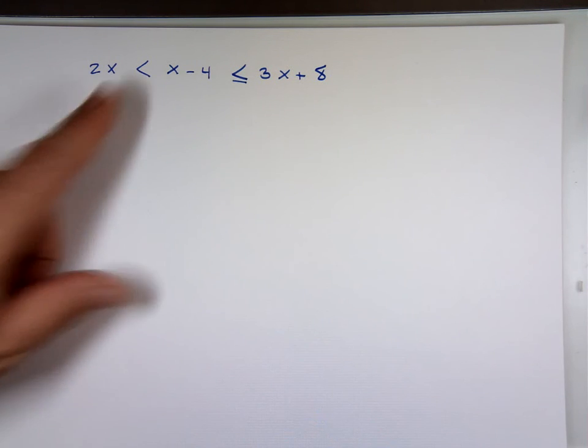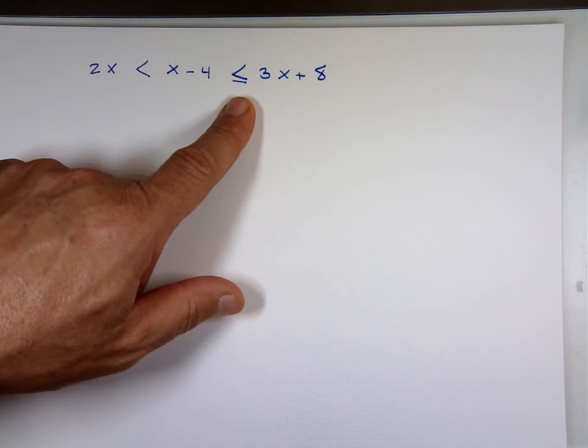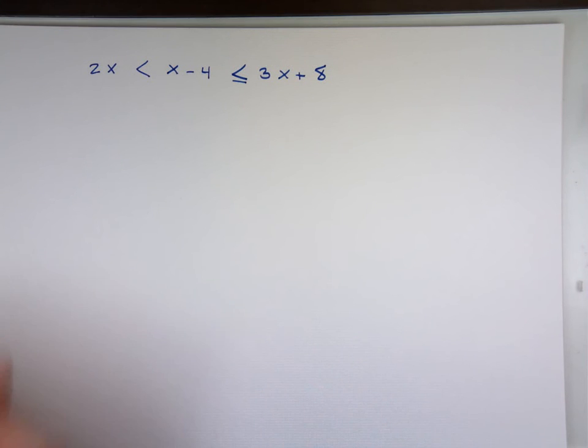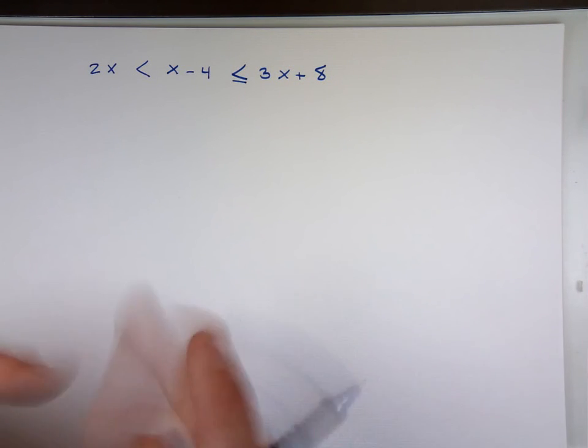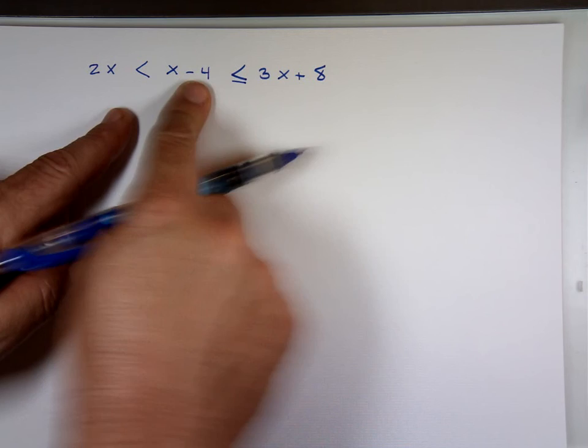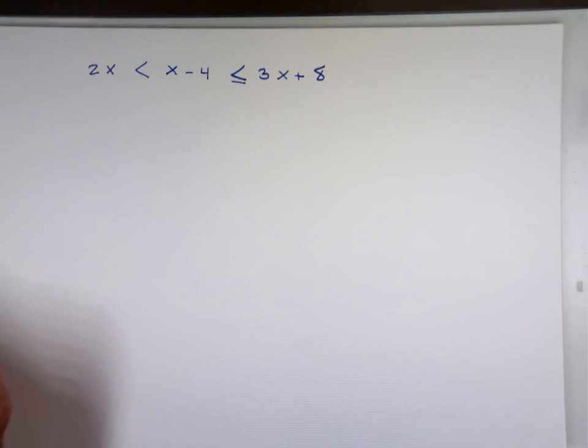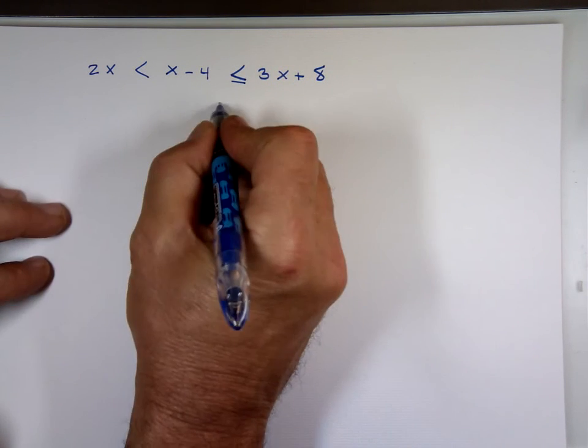Less than and less than or equal to, that's an AND. I can't isolate x. There's no way I can just make x appear in one term and disappear out of these two. I can't. So I have to break it down to 2 problems with an AND between them.